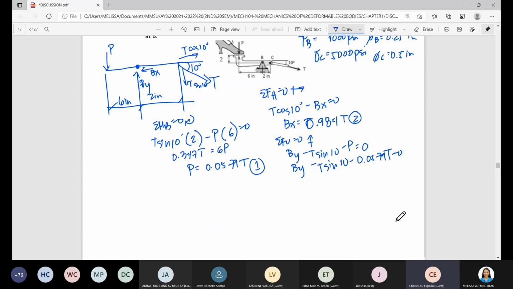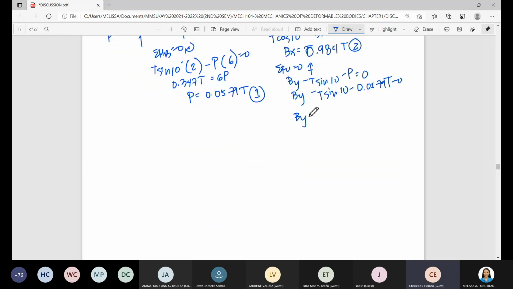Okay. Therefore, our dy, express natin in terms of T. So, meron tayong 0.231 T. So, ito yung maging equation number 3 natin. Okay?